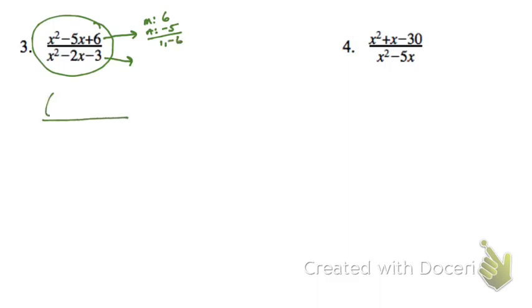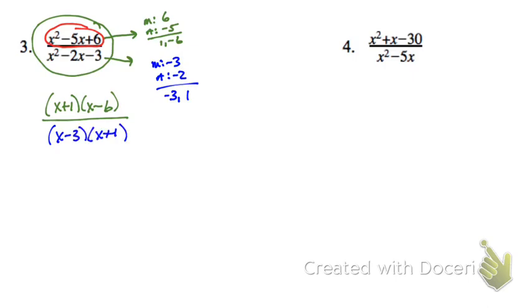So the top of this fraction becomes x plus 1 times x minus 6. Again, I just look at that numerator, treat it like it's its own little problem. The denominator, our multiply number is -3 and our add number is -2. That'd be a -3 and a +1. So that'd be an x minus 3 and an x plus 1.